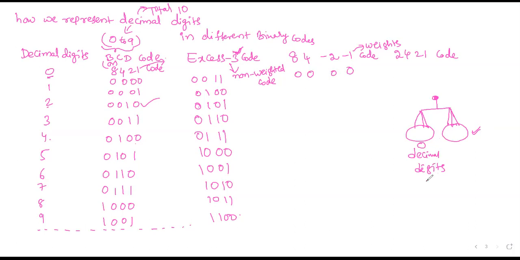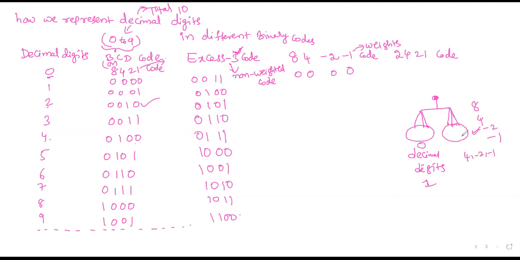If you want to keep 1, what is the weight you will keep on the right side? You have 4 weights: 8, 4, minus 2, minus 1. What are the weights you need to keep here? 1 I kept on the left side. What is the weight I need to keep on the right side? 4 minus 2 minus 1.